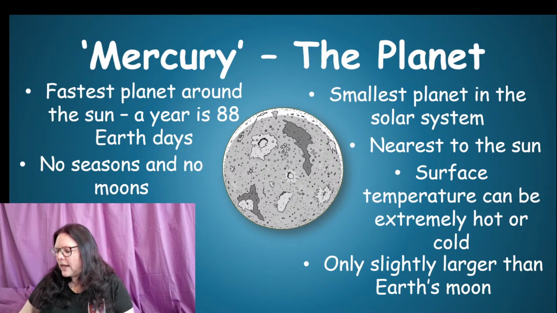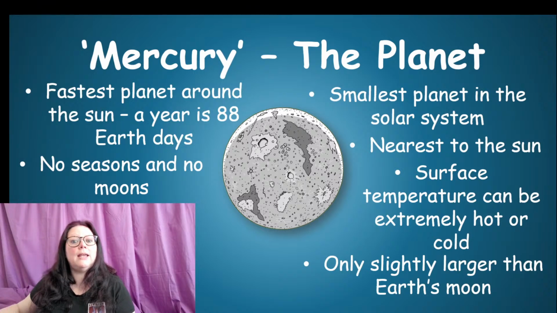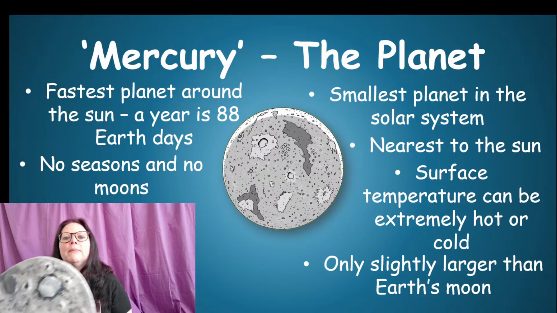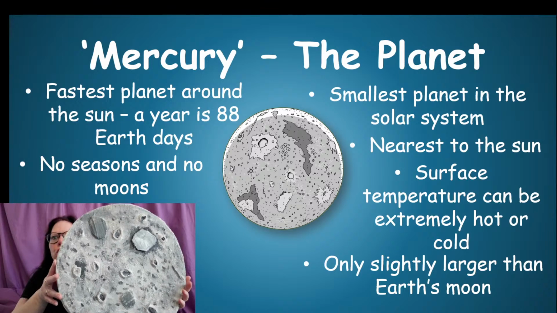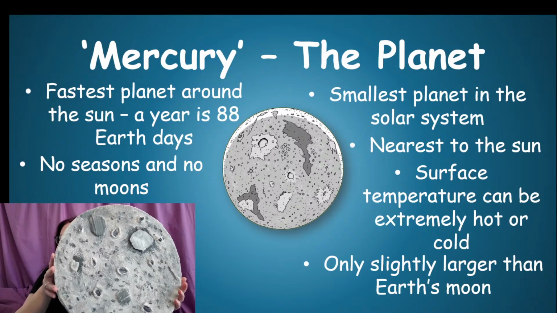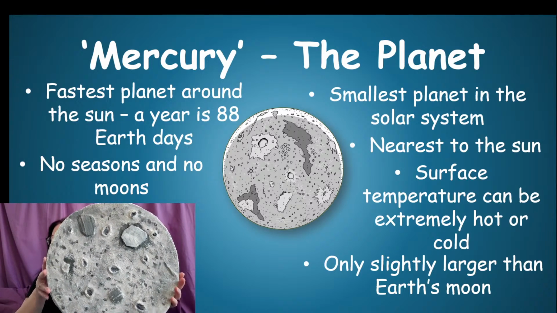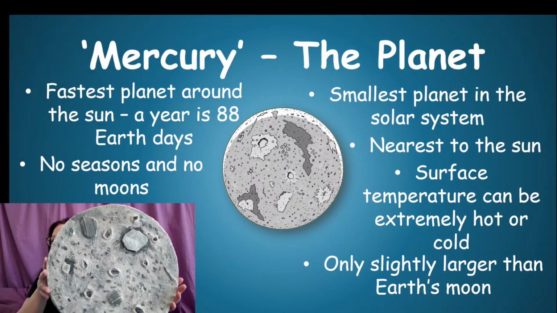Its surface actually, and I've got a little model here that was made by my daughter very kindly, is very similar to the moon's. It's scarred by a lot of impact craters from collisions with meteoroids and comets.